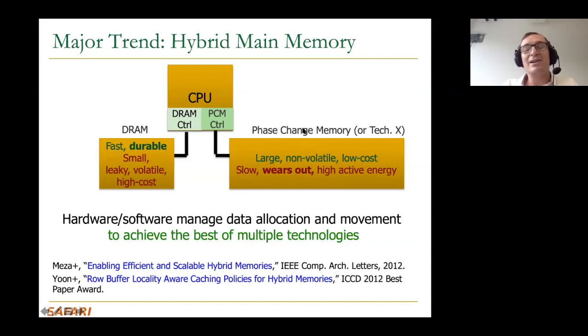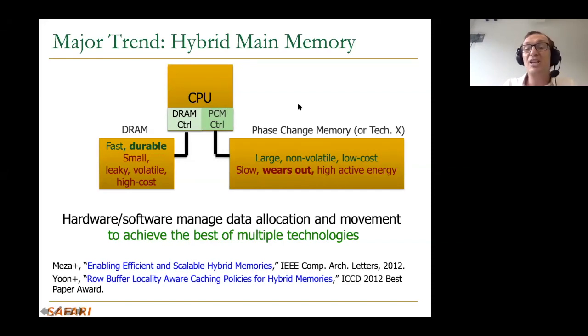DDR memory is large, high capacity, low cost, but it's lower bandwidth, and actually the energy of high bandwidth memory is more than the energy of this. So there are trade-offs. So I can put high bandwidth DRAM and commodity DRAM over here. That's a hybrid main memory that exists today. That kind of system exists today, and you can actually do experiments on it. And the best way of taking advantage of it is, again, across the stack, algorithms to devices, in my opinion.